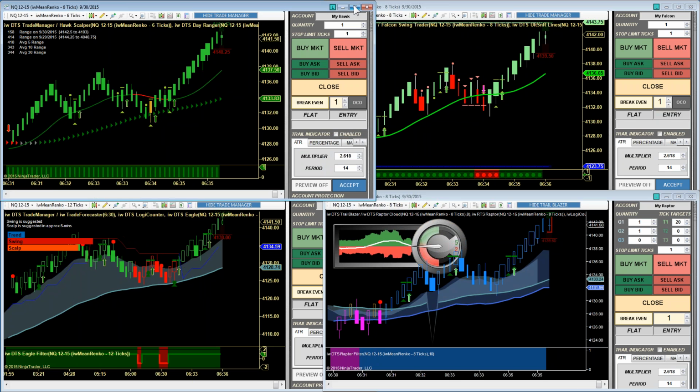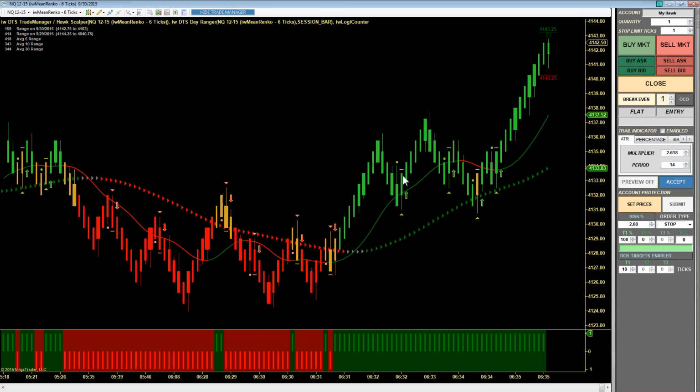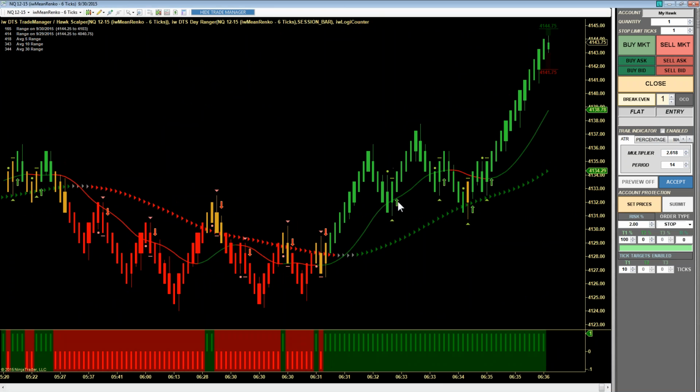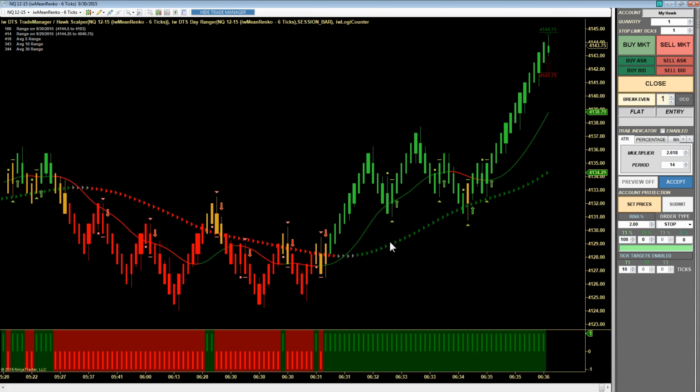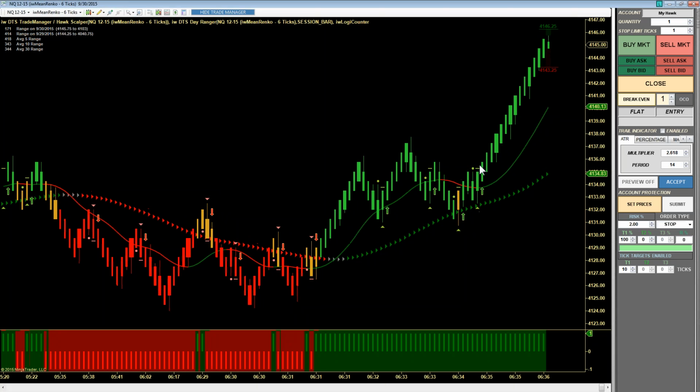So for instance, here on the Hawk Scalper, we get a warning dot as well as an audio alert to let us know that some of the signal parameters are being met. And then when all the signal parameters are met, we're going to get a triangle and a hash mark, and that gives us our buy or sell signal.